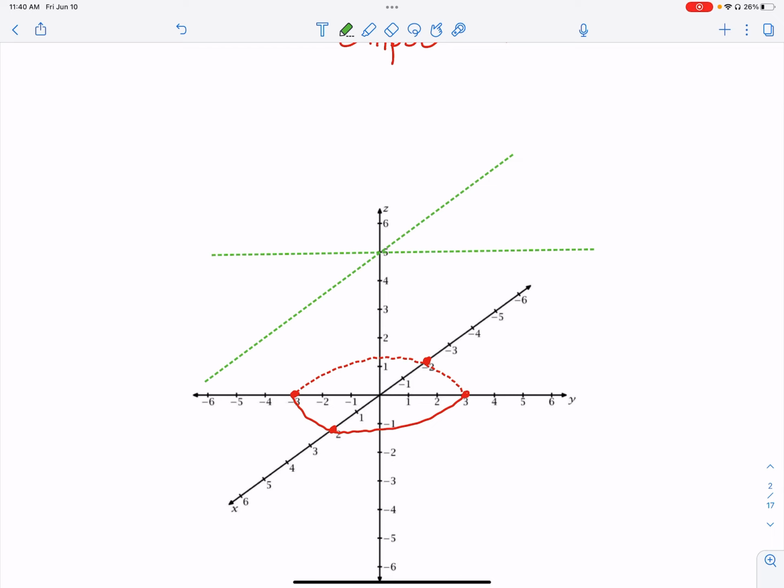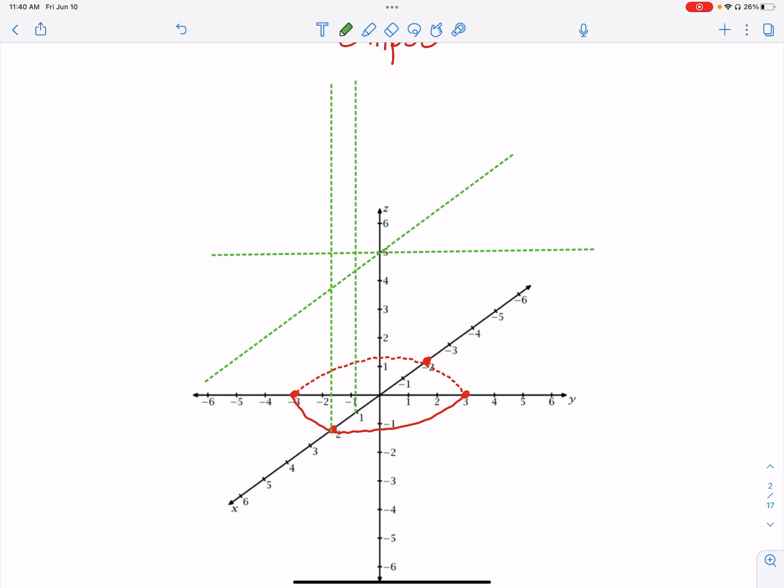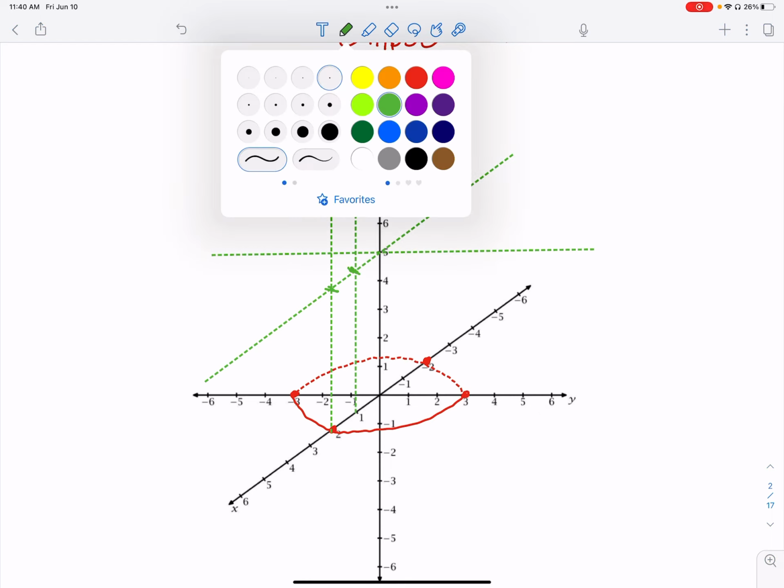You can do tick marks, like straight up. You would use a ruler. All right, so I'm going to mark these. And then I'll erase those green lines.